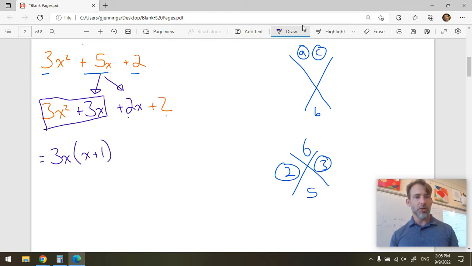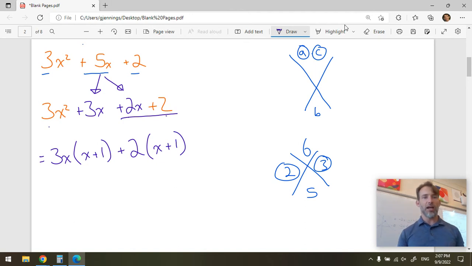If I completed this multiplication and brought Mario in to jump on these two Goombas, 3x times x would be 3x squared, 3x times 1 would be 3x, so it's equivalent. Let's just erase those arrows. And now it's time to work on this part. I am going to still be adding here. I can factor out 2 from these two things, and that will leave 2 times x is 2x, and 2 times 1 is 2.